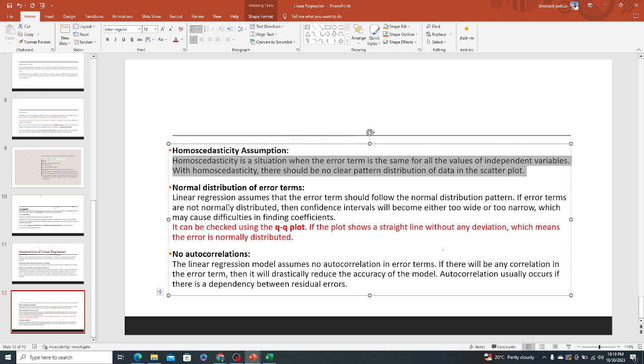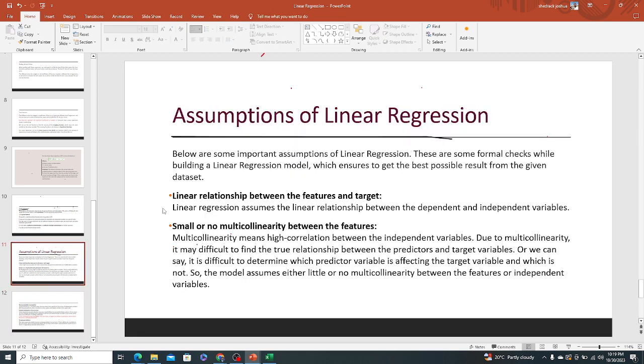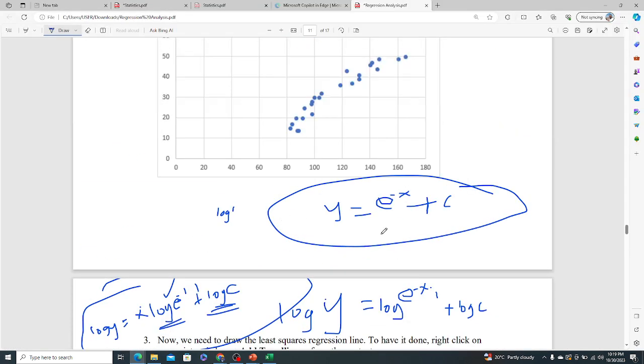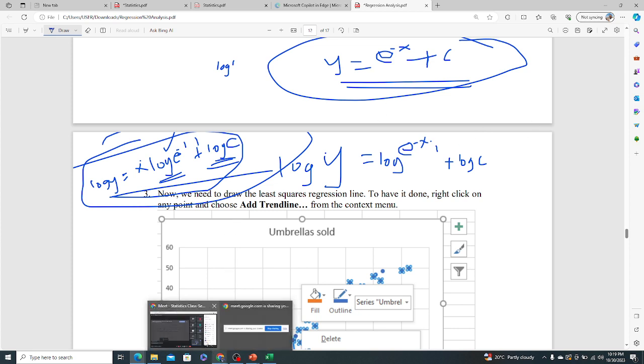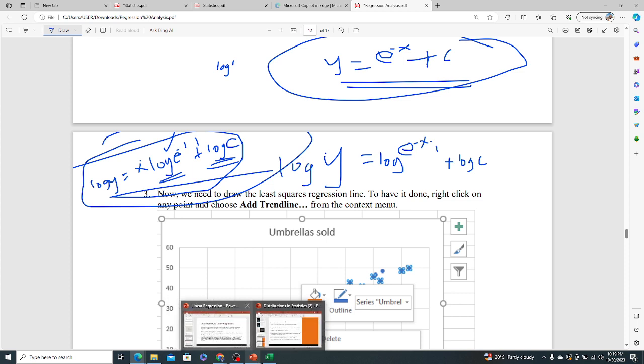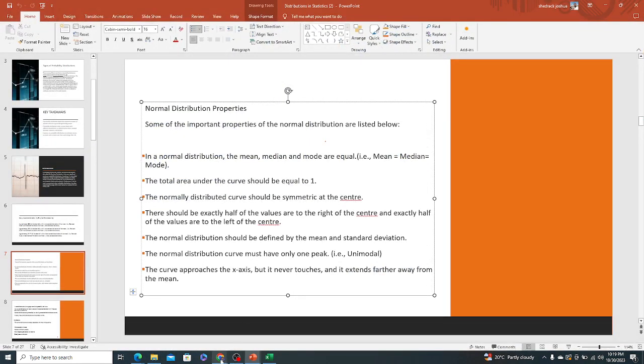You can research every assumption, like for example the way we've done for the exponential relationship, we corrected it and made it linear. Check each assumption and see how you can correct it. That's an assignment, maybe you can go the extra mile to get that.